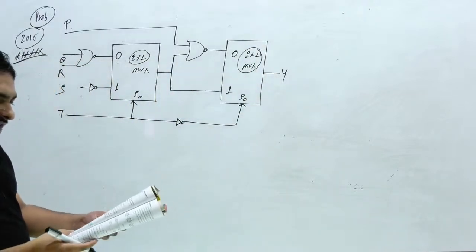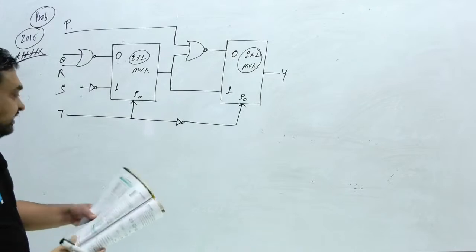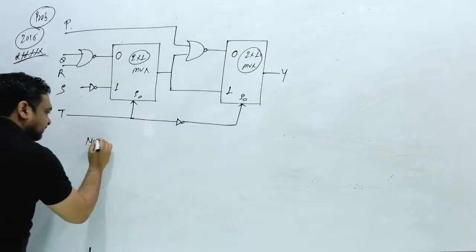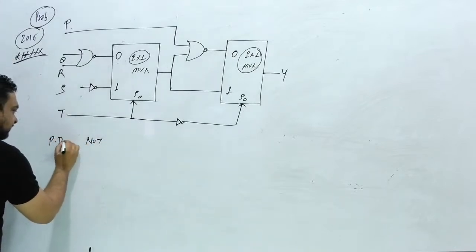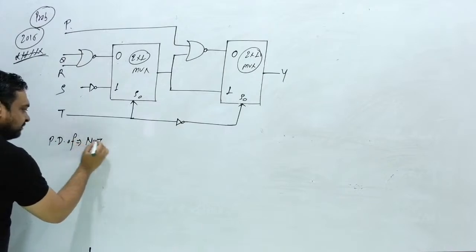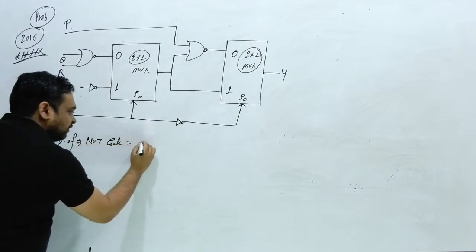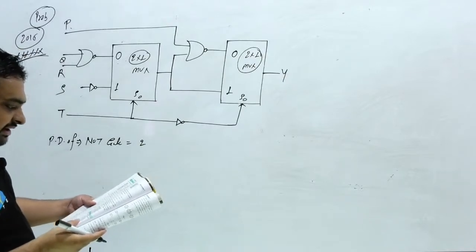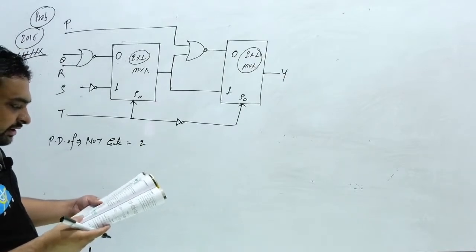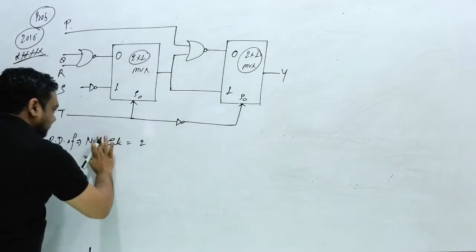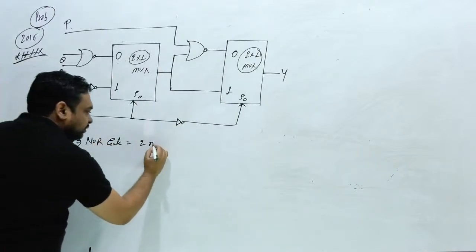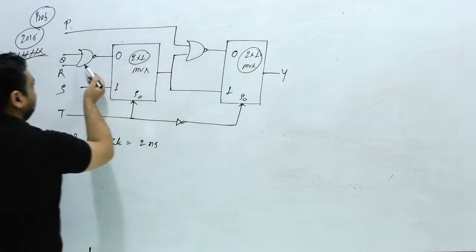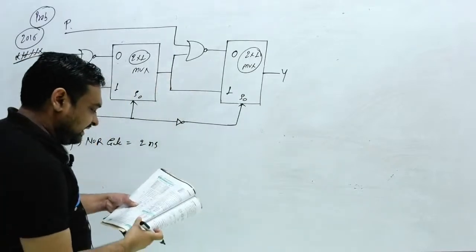Now the examiner has also provided here that the propagation delay of the NOT gate is equal to the propagation delay of the NOR gate. First I am considering the NOR gate is 2 nanosecond. This NOR gate and this NOR gate delay is 2 nanosecond.